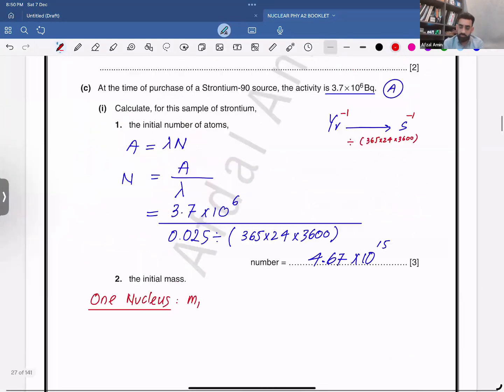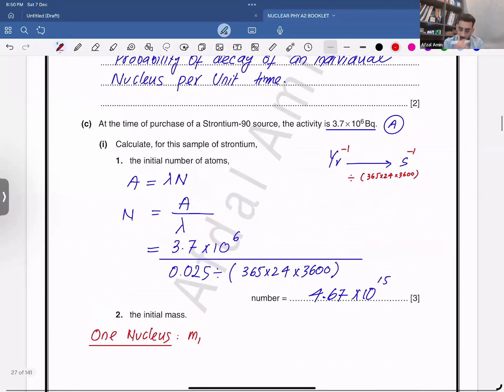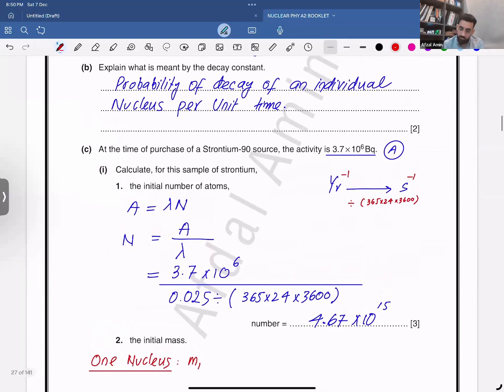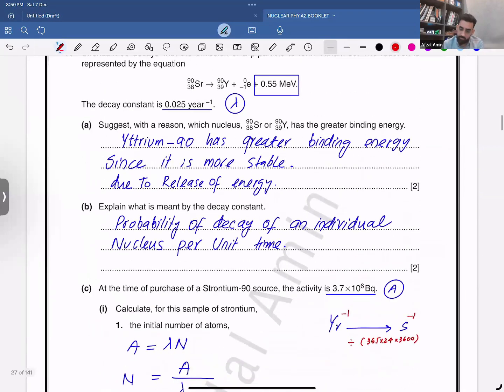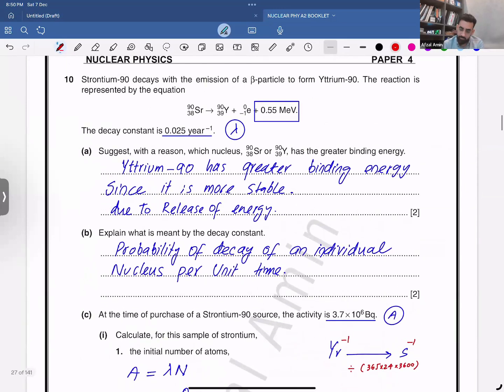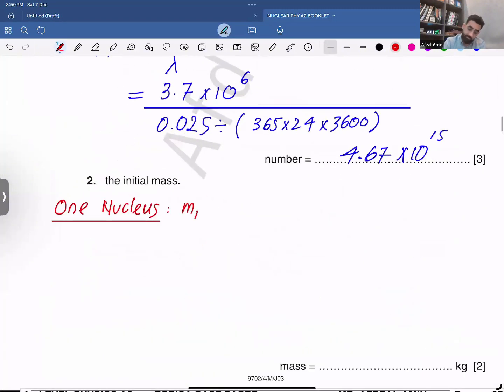Now, strontium, right? 90. Calculate this, my dear.